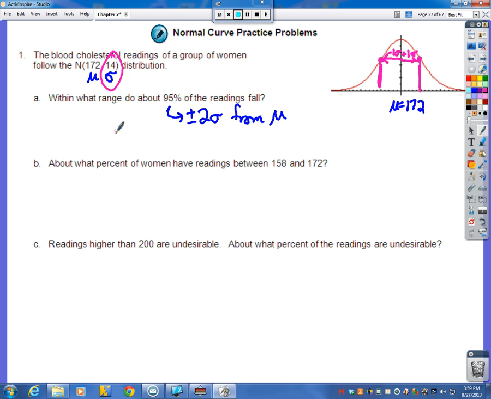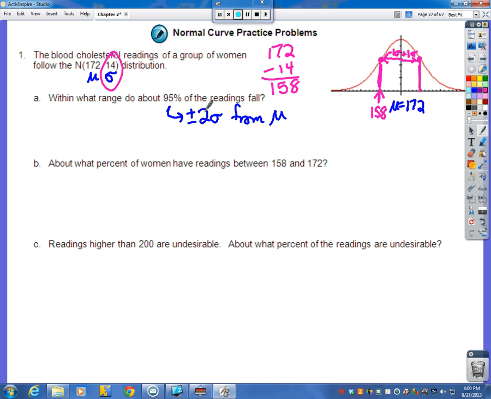I don't know what the units are here that we're talking about. So if I were to take 172 and subtract 14, I would be at 158. And that would be specifically that number right there in the normal distribution. Okay, 1 standard deviation below means I'm subtracting 14 from my mean, and I would be at 158.